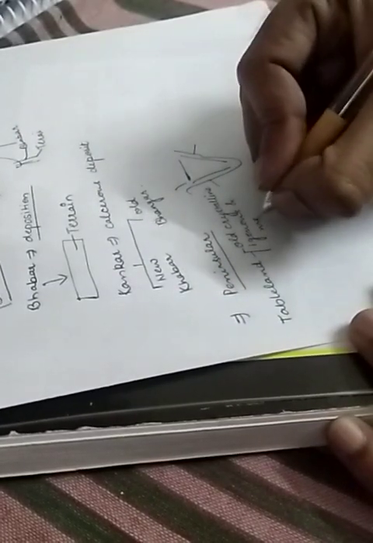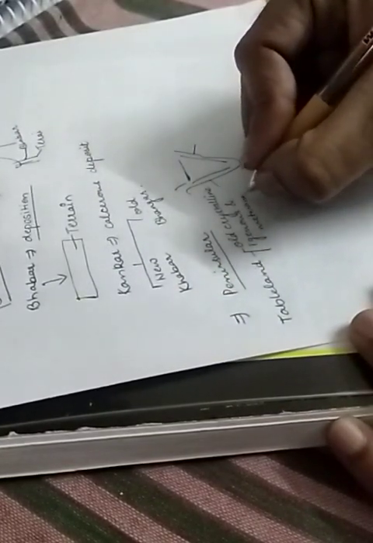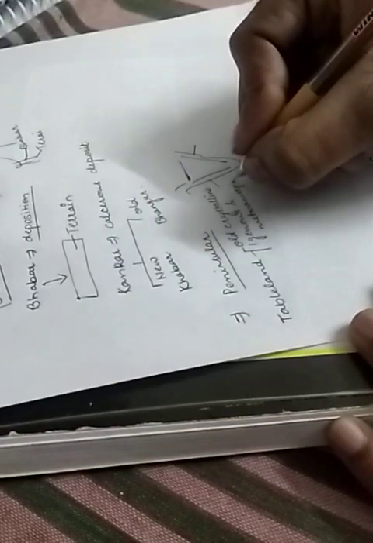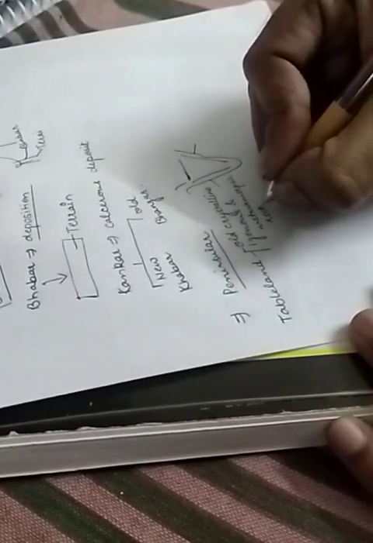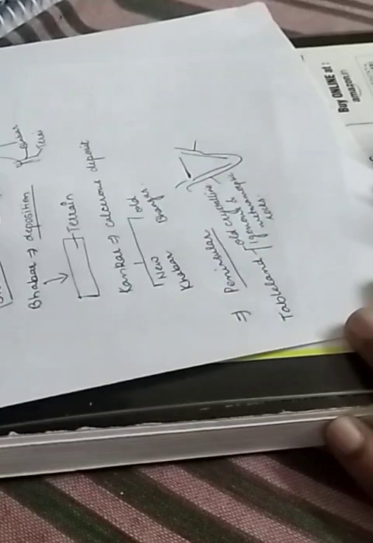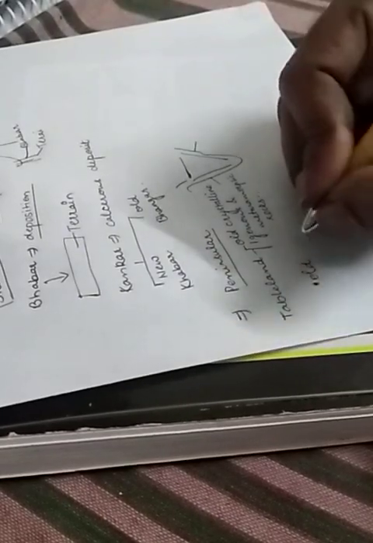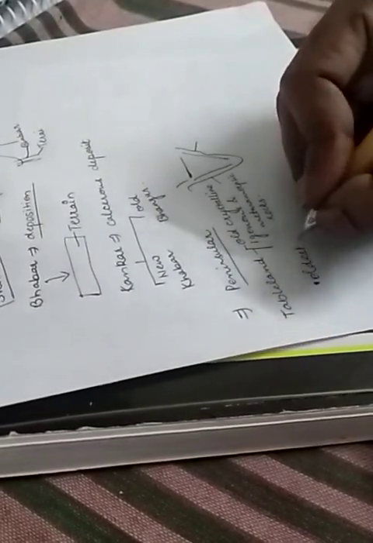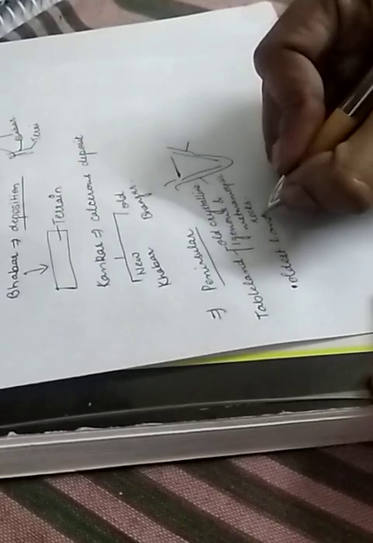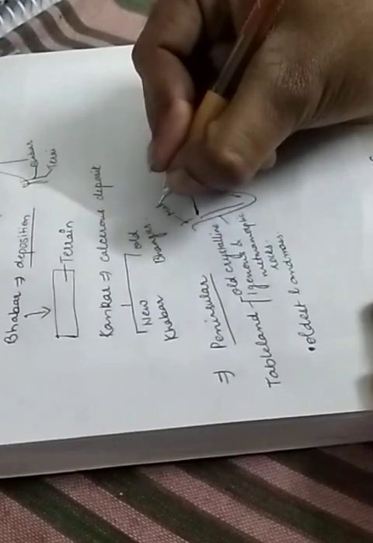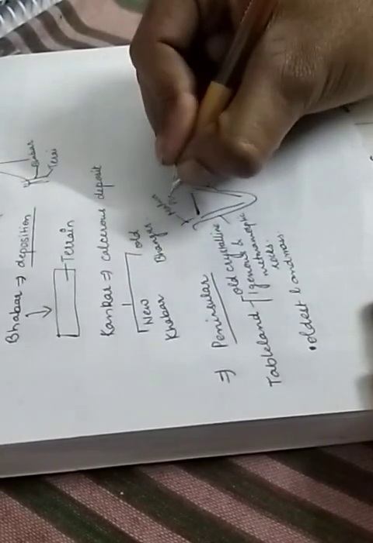It is mainly formed by volcanic eruption, and it is the oldest landmass. Here, this is the Malwa Plateau, known as the Central Highlands.